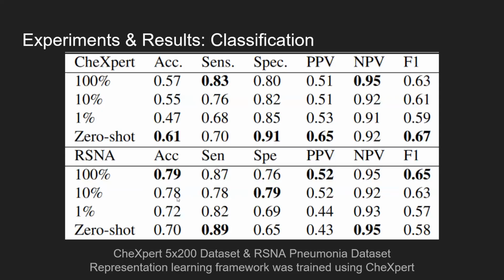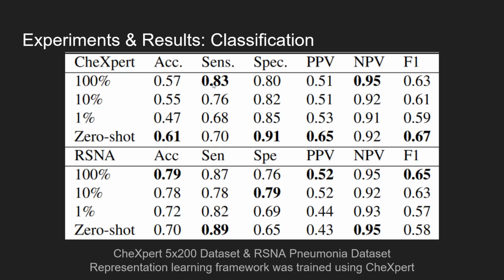So then for the zero-shot classification, we can see that when trained using CheXpert and evaluated on CheXpert 5x200, the GLoRIA zero shot does the best, even better than when they fine tune it on the entire CheXpert 5x200 data set.